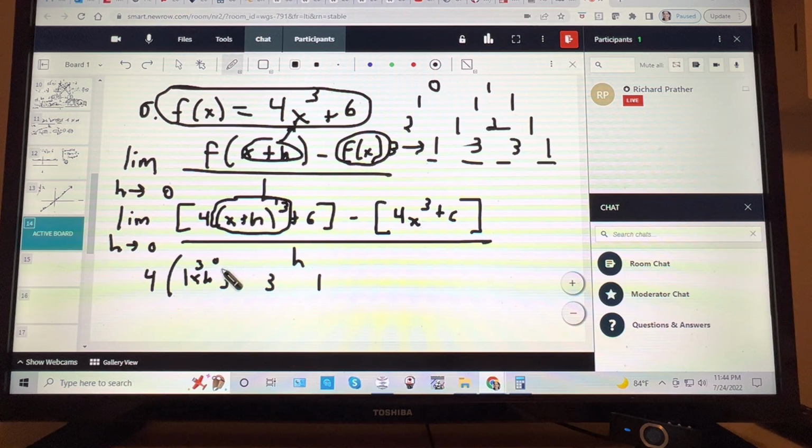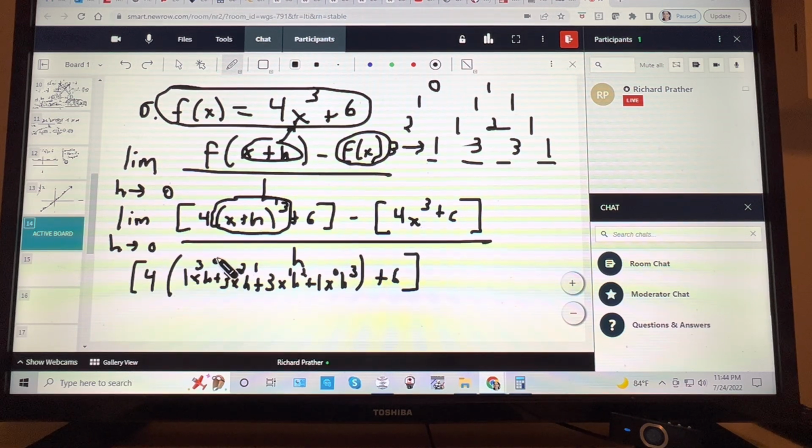If this is plus, they're all pluses. Then you do x, and you decrease it by 1 to 2, and you increase the h to 1. Now you decrease the x to 1, you increase the h to 2. Finally, you decrease the x to 0 and increase the h to 3. So all of this, and I'm going to clean it up, that's f of x plus h right there.